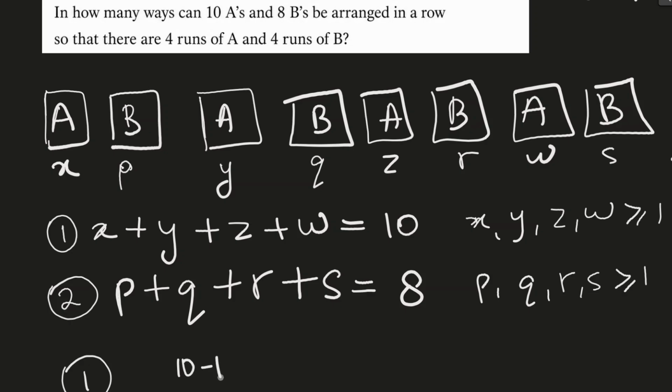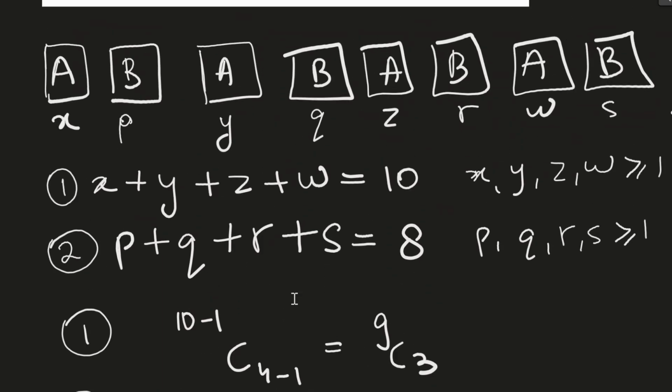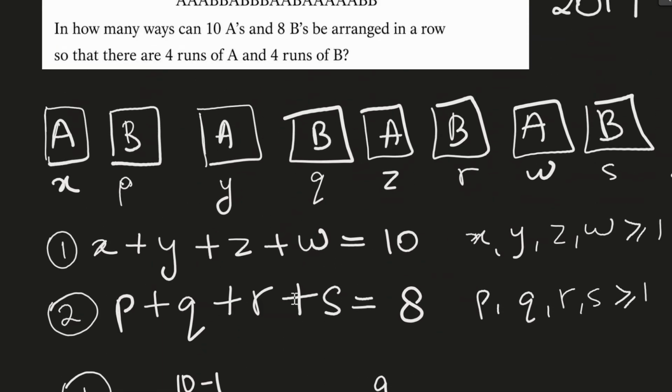So 10 minus 1 C 4 minus 1, which is equal to 9 choose 3. And for the second case, we'll have 8 minus 1 C 4 minus 1, which is 7 choose 3.